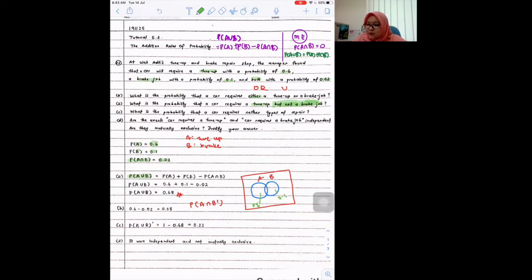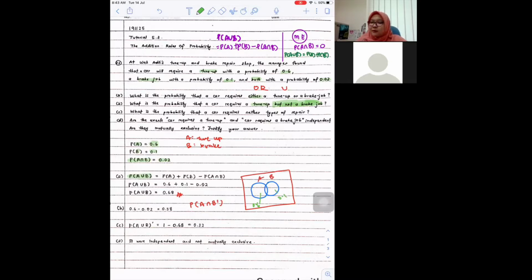Okay, so probability of A intersect B complement, where is it? A intersect B complement. So this is your B here. Other than B is B complement. And you just want to intersect with A. So just this region here.